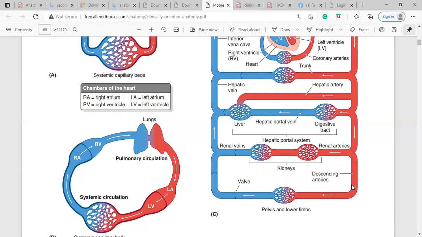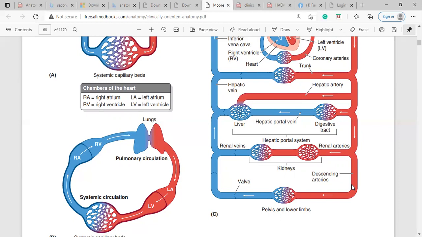So that common iliac artery will split also later to form other types of arteries, from where you will now have your femoral artery that goes to supply your femur or your thigh. And then from there you have other arteries, which I will show you later.